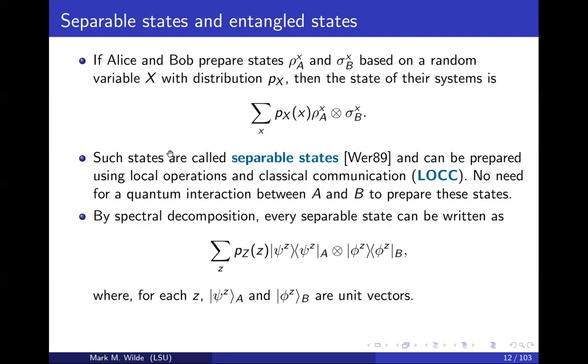One thing you can prove, and maybe you'd want to try this as an exercise: you can use the spectral decomposition of rho X and of sigma X, and collect the variable X and the indices from the two spectral decompositions into a super index, or super variable. It follows that every separable state can be written as a convex combination of pure product states.